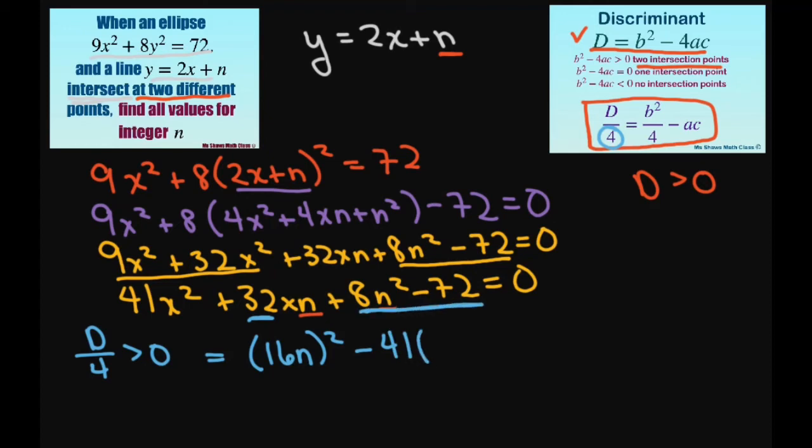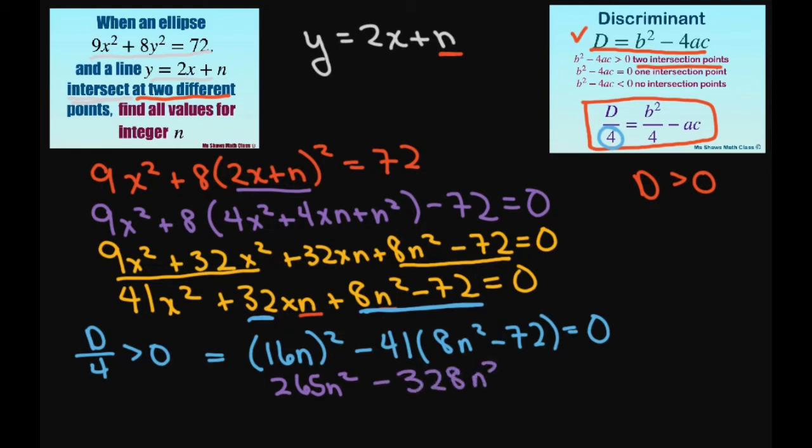This is your constant, so that's going to be 8n squared minus 72. This simplifies to 256n squared minus 328n squared plus 41 times 72.